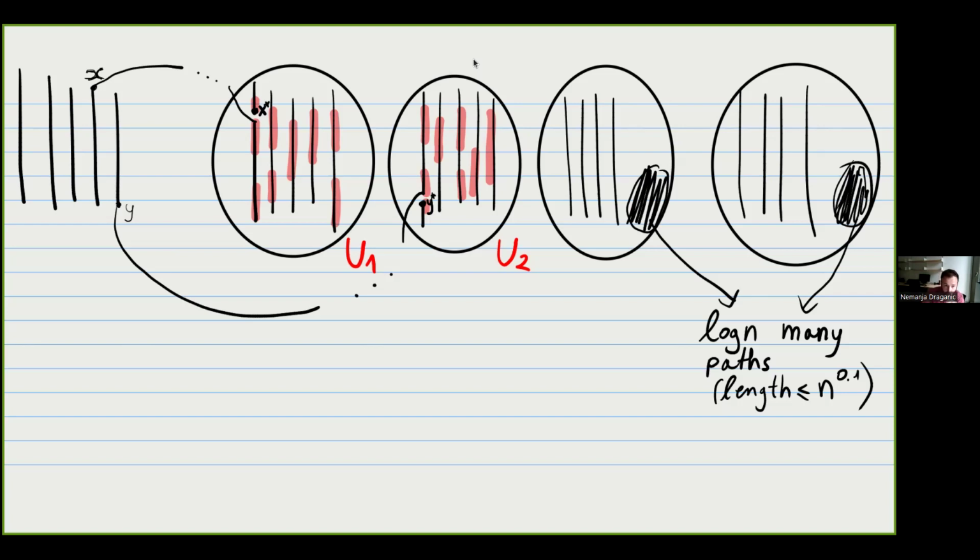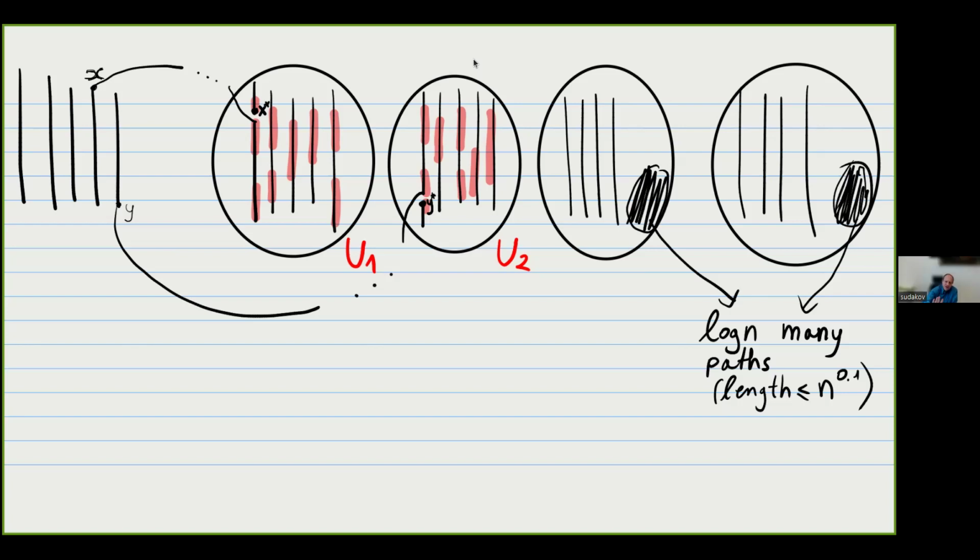So I can start rotating inside of this set U1, and I can reach a linear size set Sx. And because it's linear sized and the blue vertices are also linear sized, I can find an edge in between. So I can change X for X star, then I change X star for some vertex here, and then I change this vertex for X prime. And after doing this, I can do the same.